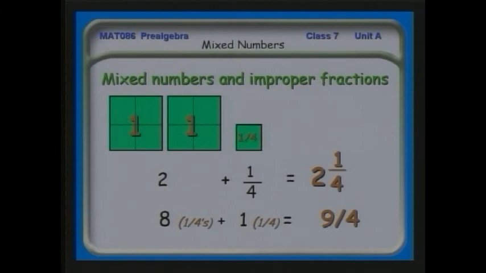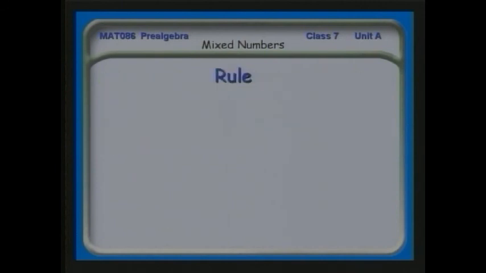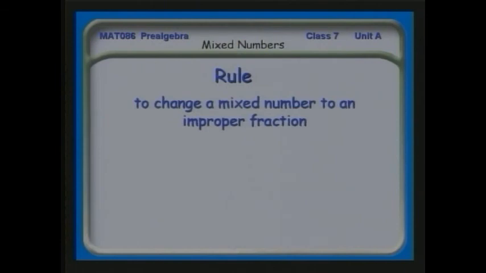Now, if we wanted to change this into an improper fraction, notice that we can take the whole numbers, divide those into quarters, and then count. What I have is 4/4 from the first one, 4/4 from the second one, and the 1/4 more, and we get the improper fraction 9/4. Here's the rule for changing a mixed number to an improper fraction.